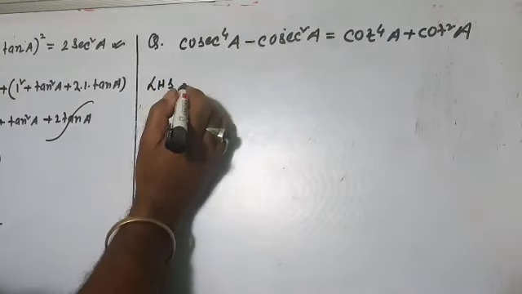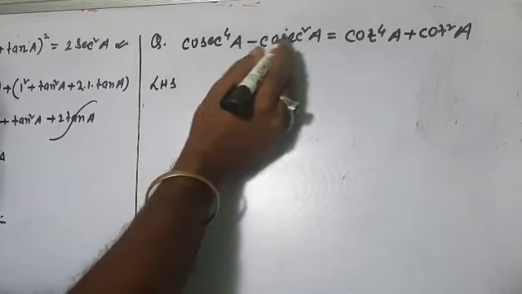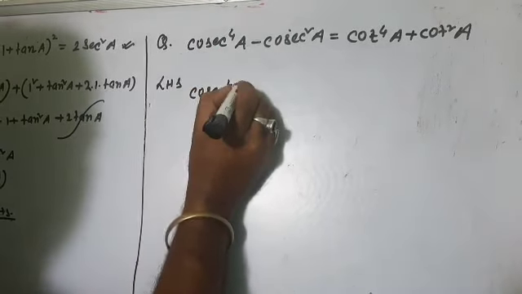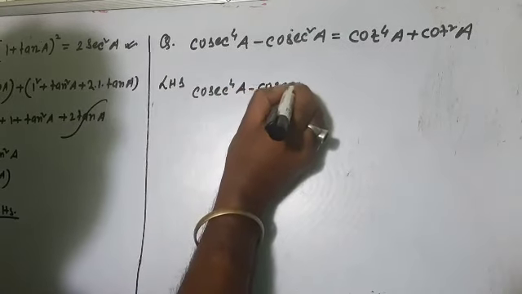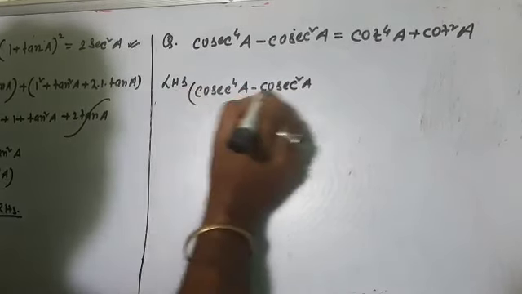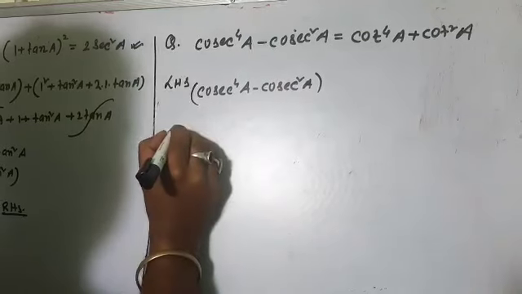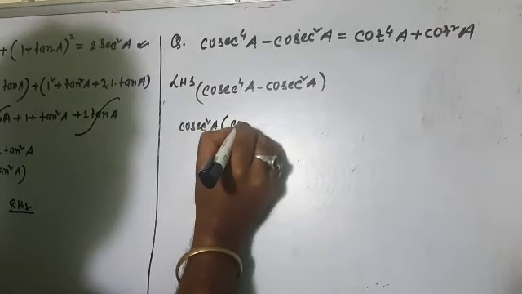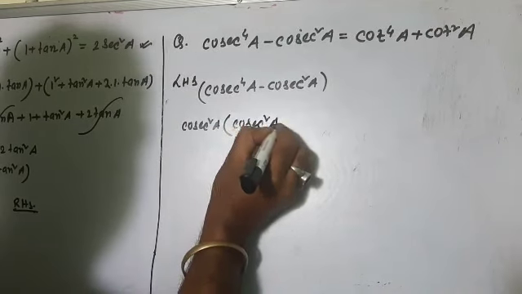So LHS is cosec to the power 4A minus cosec square A. Here you can take cosec square A common. So you have cosec square A into (cosec square A minus 1).